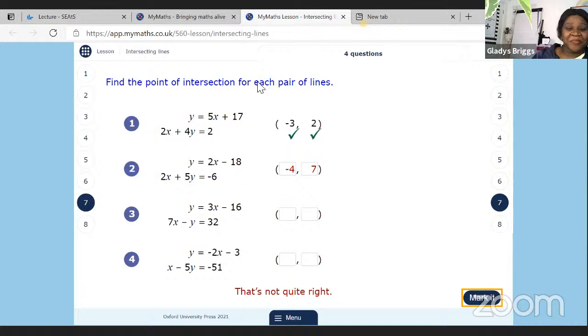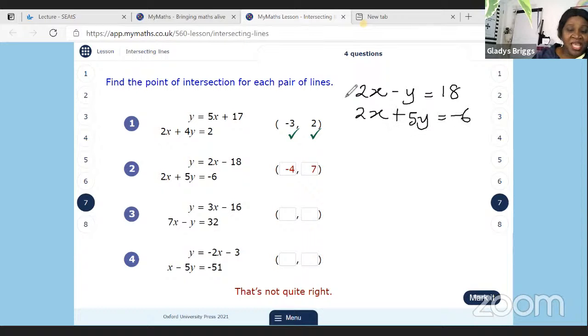Okay, let's see. Y is equal to 2x minus 18. So 2x minus y is equal to 18. And 2x plus 5y is equal to -6. I can just subtract because x and x here, okay? And we get y.